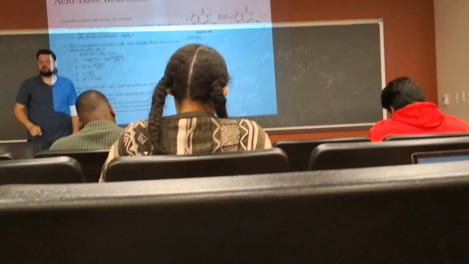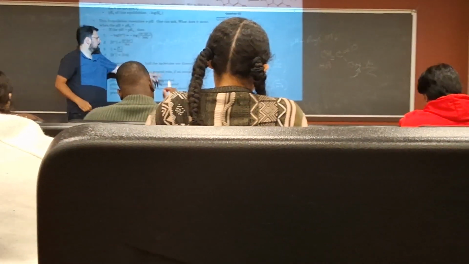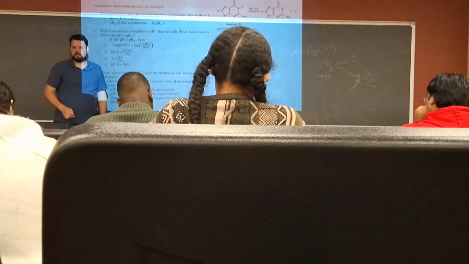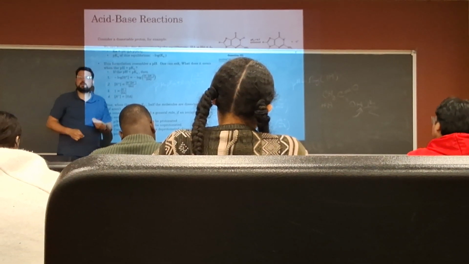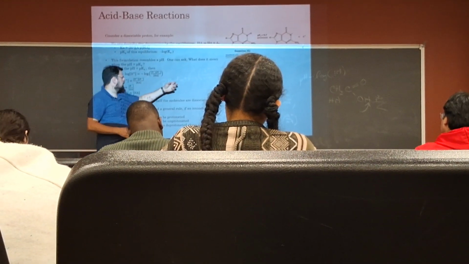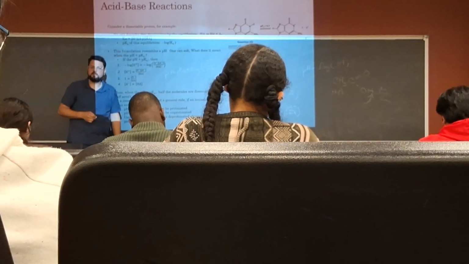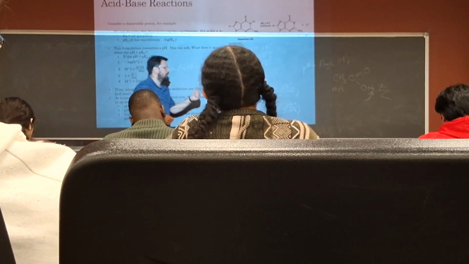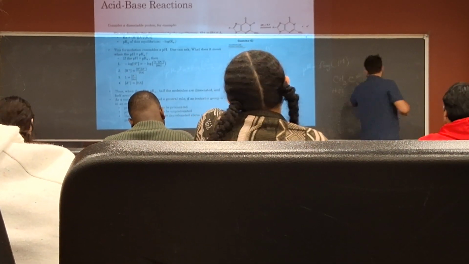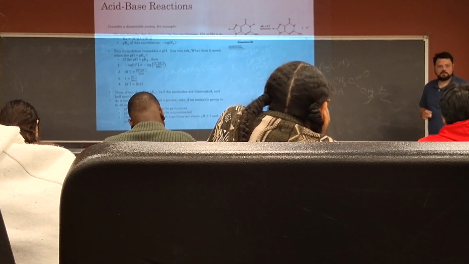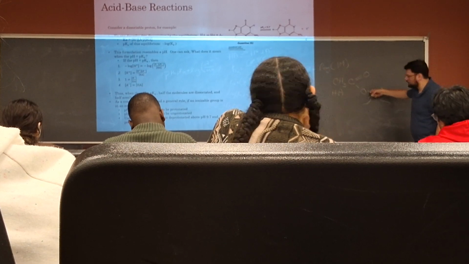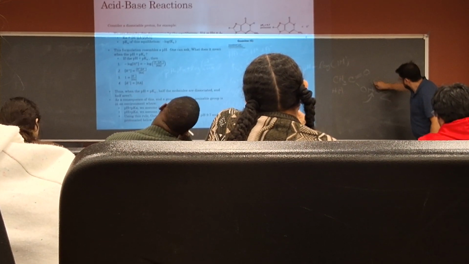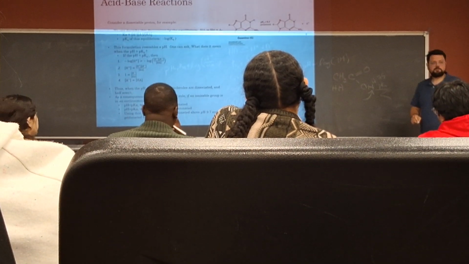Here we have the Henderson-Hasselbalch equation. And this is the first time that we're actually seeing pKa. So what does pKa mean? Let's consider what happens if the pH of a solution is equal to the pKa of a dissociable proton. For example, in this acetic acid example, the pKa of this proton is 4.75.